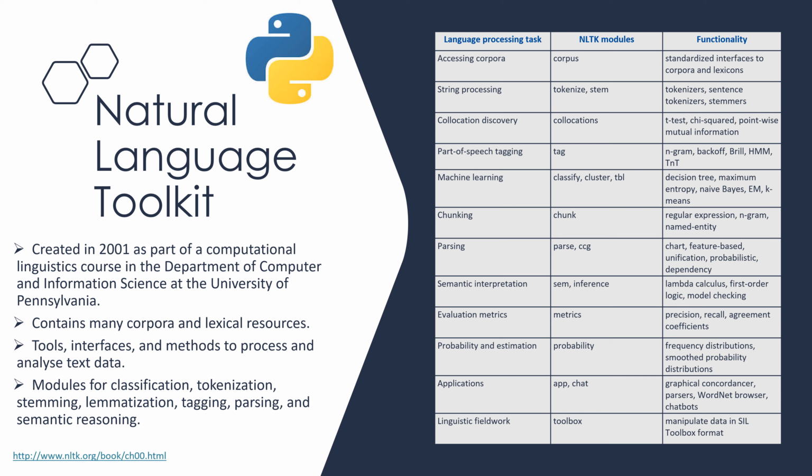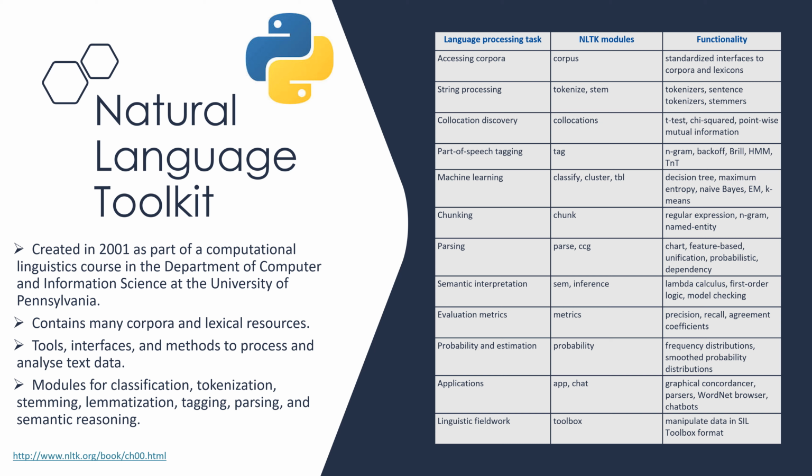Let me now introduce the Natural Language Toolkit. This toolkit was originally created in 2001 at the University of Pennsylvania as part of a computational linguistics course. From my first video, you may remember that natural language processing has its roots in the science of languages called linguistics.